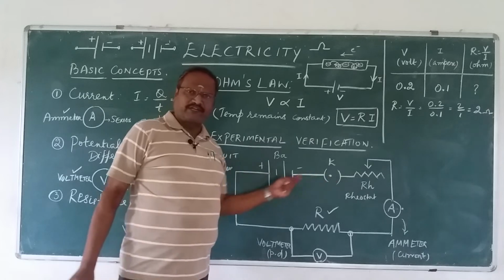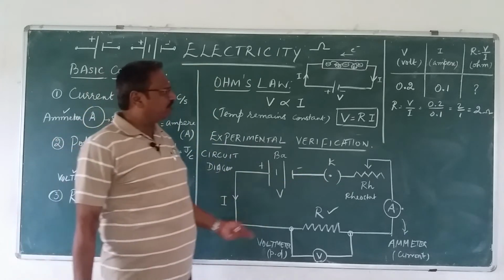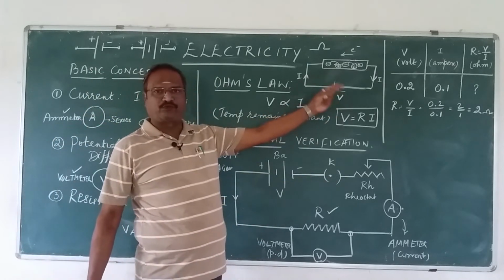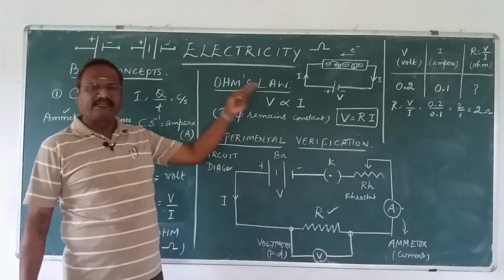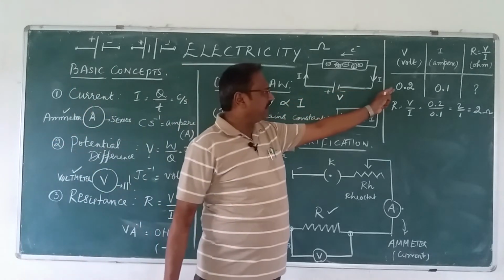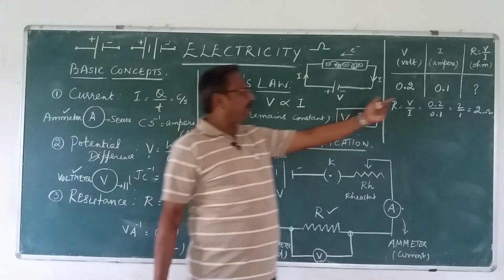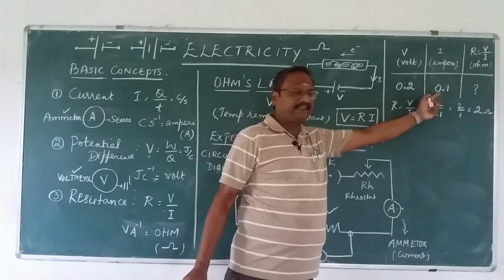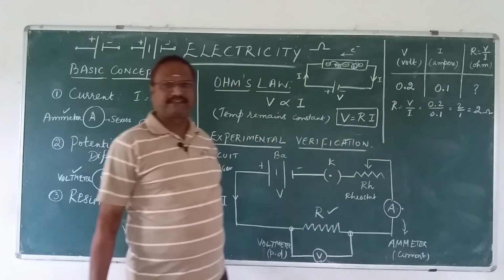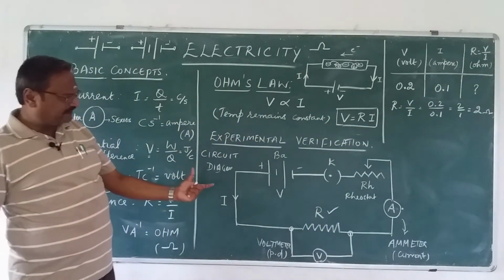We take more readings by changing the potential difference: 0.2, 0.4, 0.6, 0.8, 1.0. A set of 6 or 7 readings we take, and we observe the current values and calculate the resistance. The experimental value is like that.